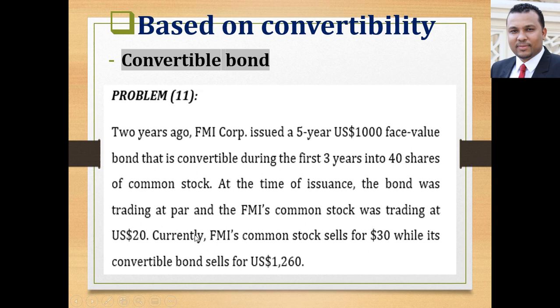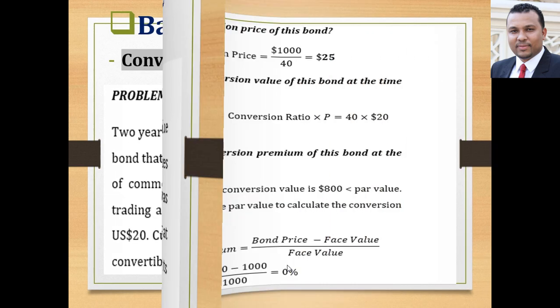Currently, in year number three, FMI common stock sells at $30, so the market price of common stock increased from $20 to $30. The same, the convertible bond price increased from $1,000 to $1,260. Okay, what about the requirements?